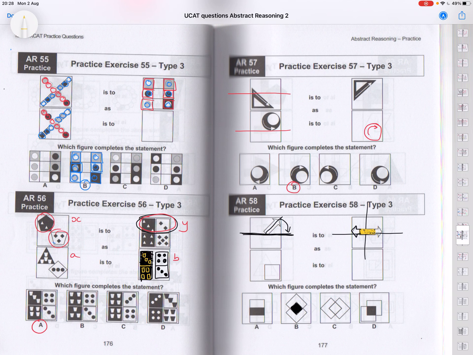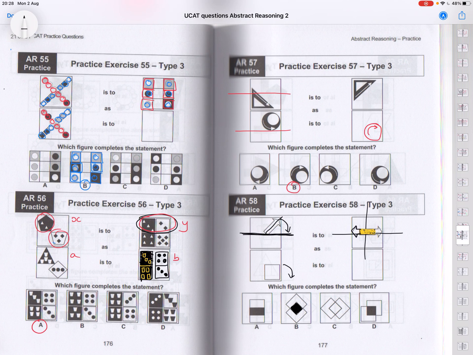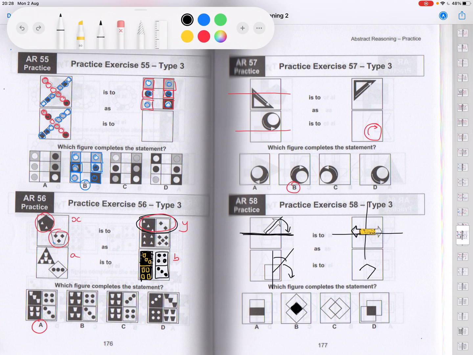So first of all, our square needed to be rotated through 45 degrees. So it needed to be rotated through this angle, which means this shape here, and appear in the middle. I've drawn a bad square there, just let me try and improve that a little bit.